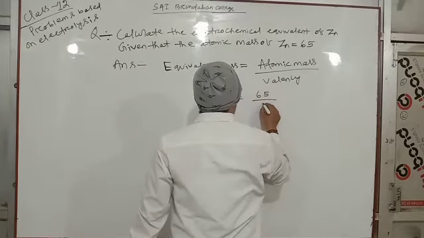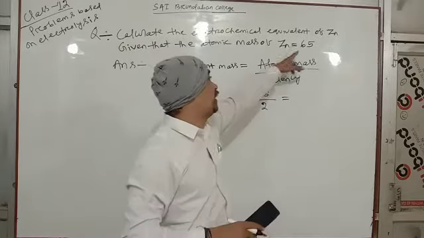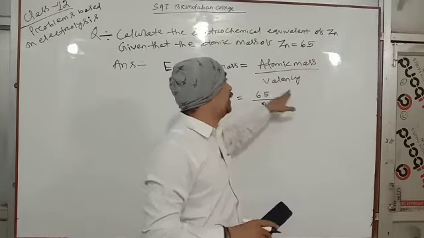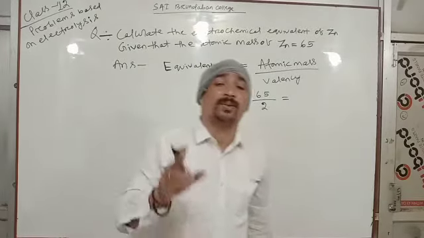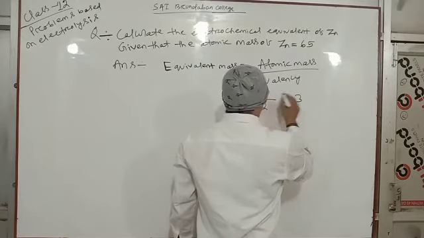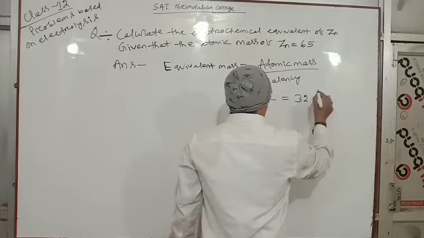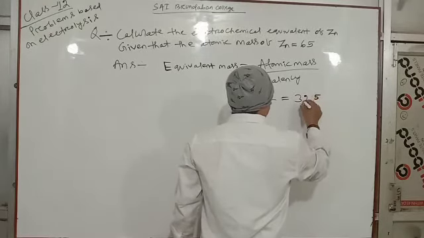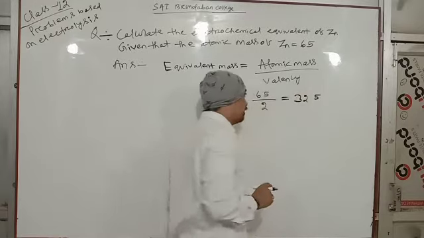Atomic mass of zinc is 65. Valence of zinc is 2. So that will give 65 by 2, which is 32.5.